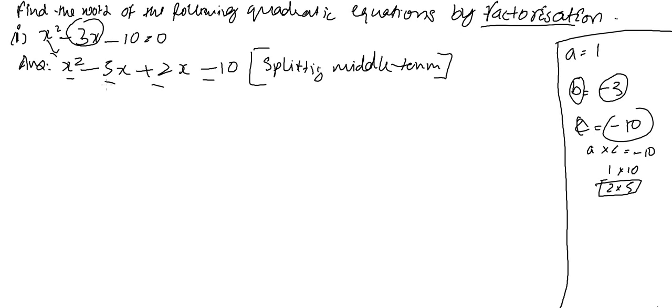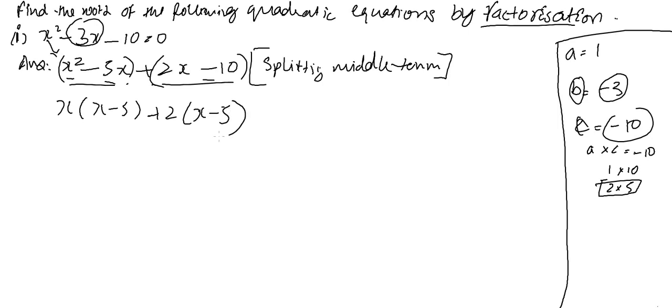Now what you have to do is quite simple. You should find the common factors in these two. So the common factors are x into x minus 5 and 2 into x minus 5.